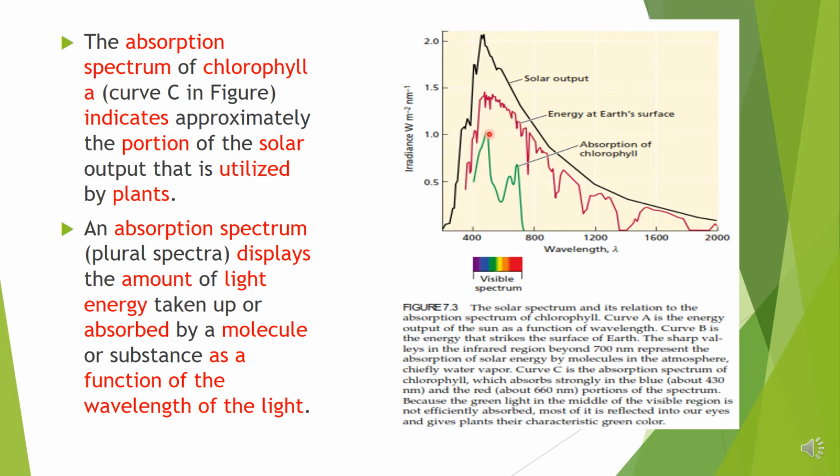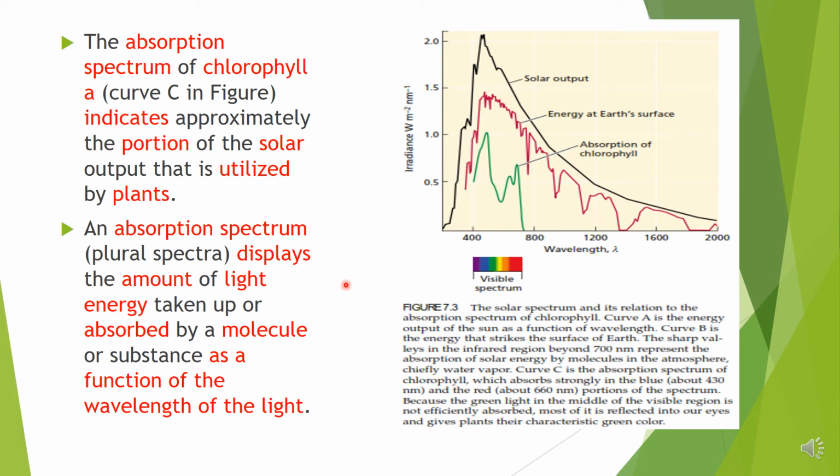The green line is the absorption spectrum, the fraction of light absorbed by green plants, ranging from 400 nanometers almost up to 700 nanometers.